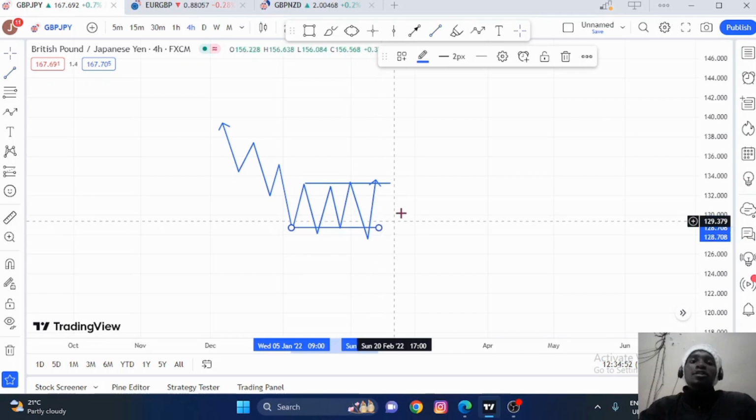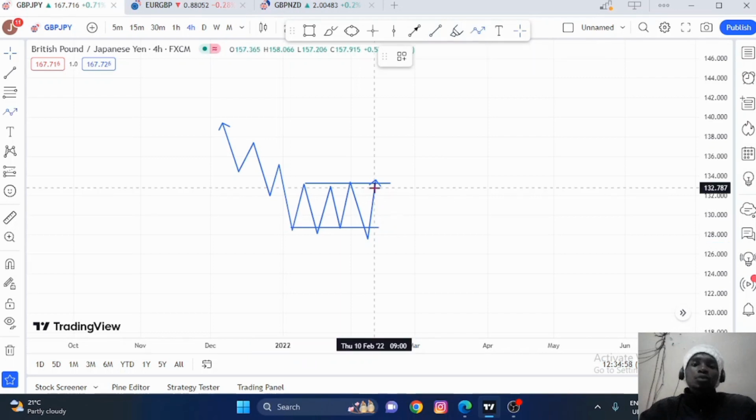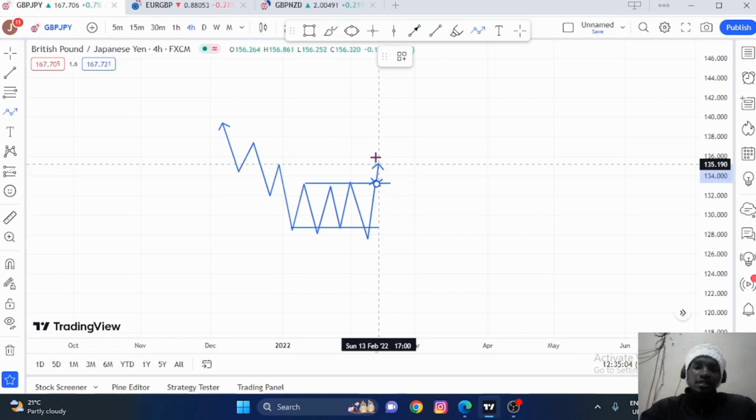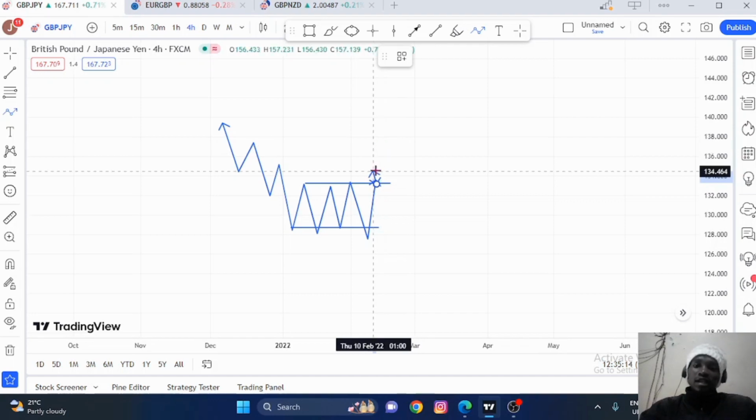Now, what I mean is once the market has broken one of these, let's say the market breaks the resistance level, it shows a strong potential for the market to continue in that direction, but you're not supposed to enter immediately.